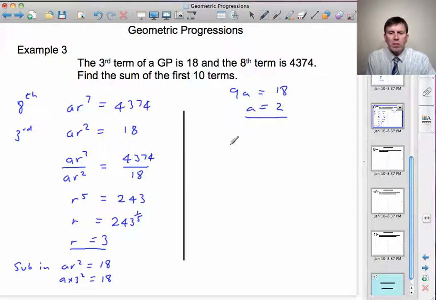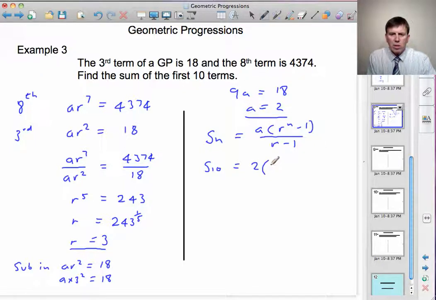And we're now going to find the sum of the first 10 terms. So let's first of all write down Sn is equal to A(R to the n minus 1) divided by R minus 1. And then put in the values for A, R and n, and we get S10 is equal to A is 2, R is 3, so that's 3 to the power 10 minus 1, and on the bottom R minus 1 is 3 minus 1.